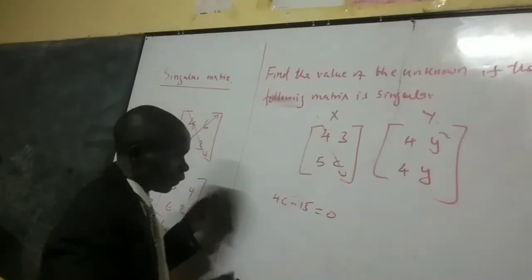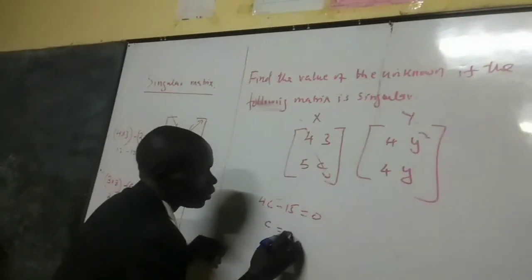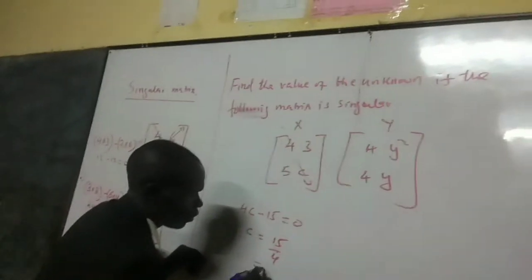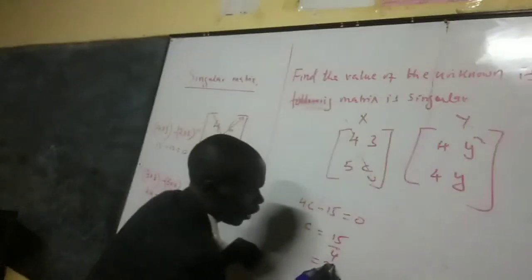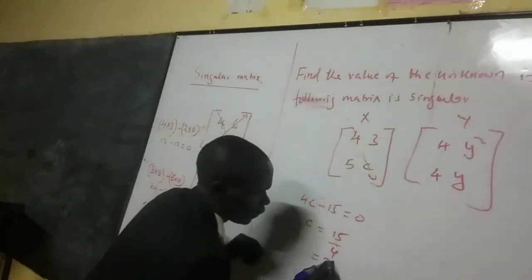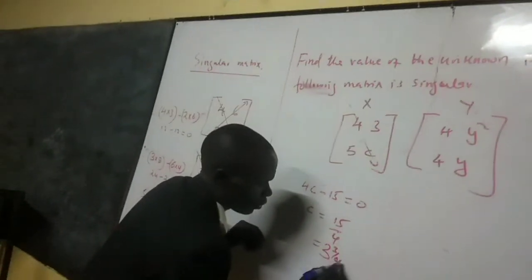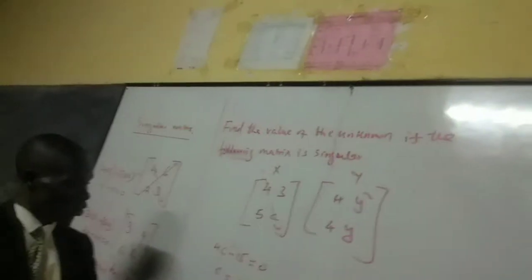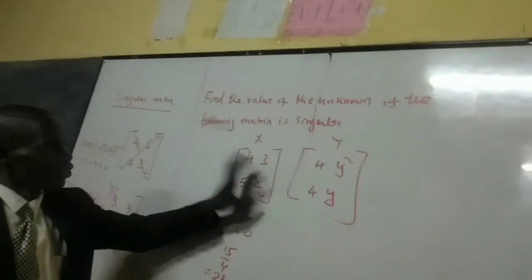And therefore, C is equal to 15 over 4, and that is 3 and 3 over 4. That is the value of the unknown.